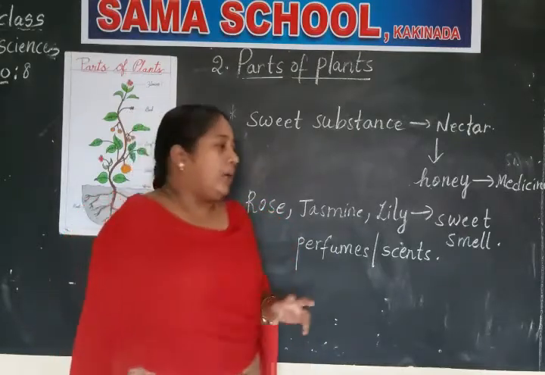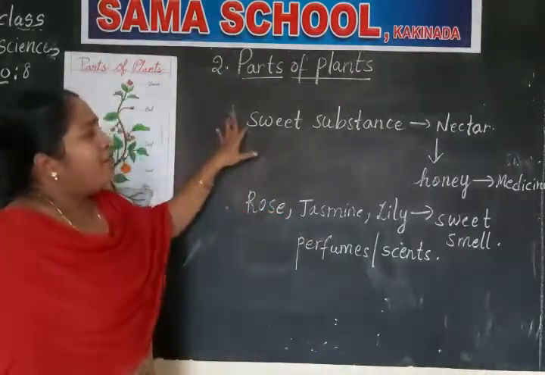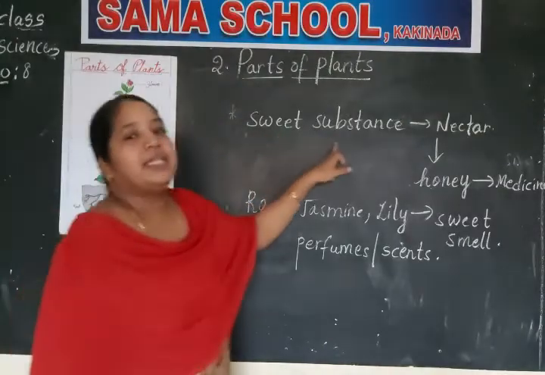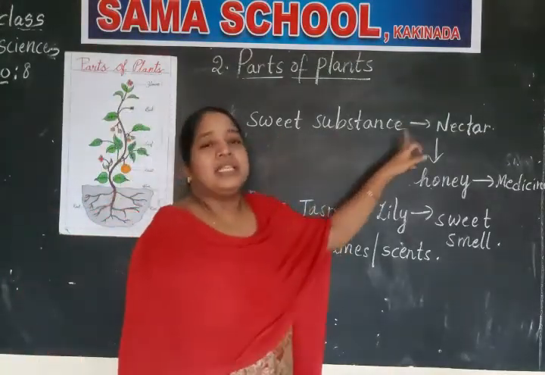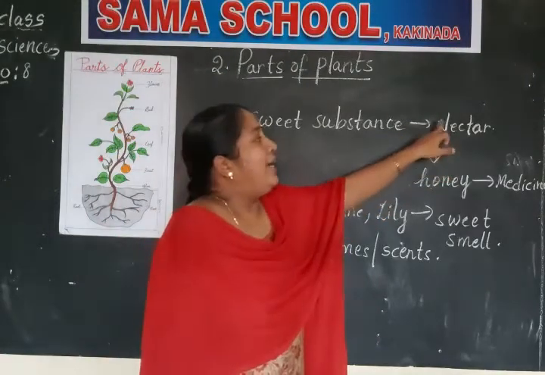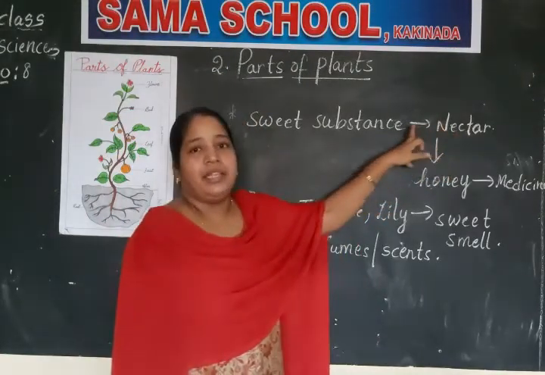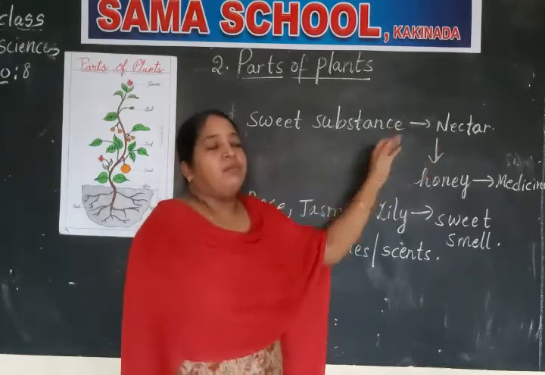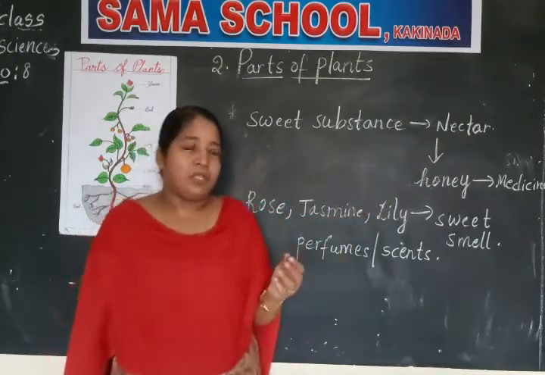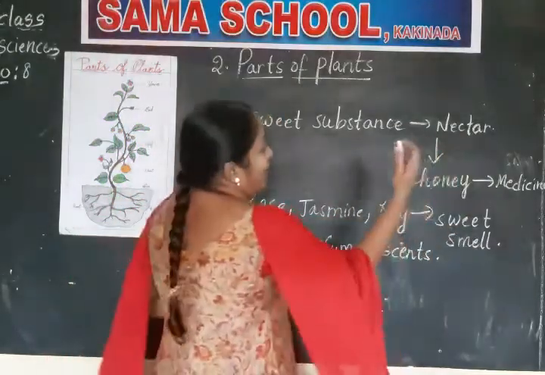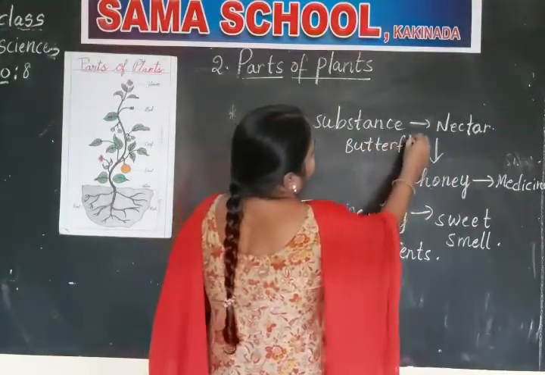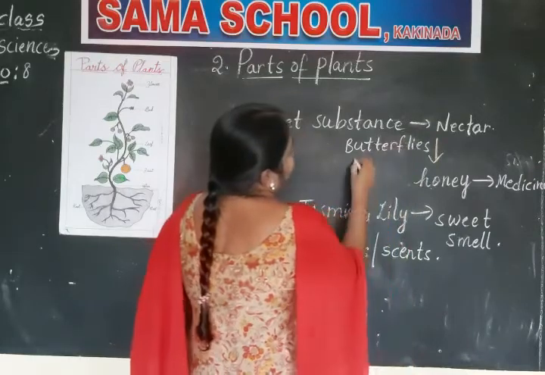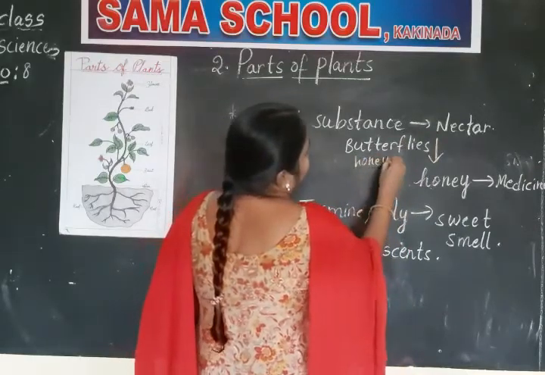Clear children? Okay. Next, flowers have a sweet substance. And what is that sweet substance called, children? Nectar. In Telugu we say makarandam. And sometimes you observe on the flowers insects like butterflies and honeybees.